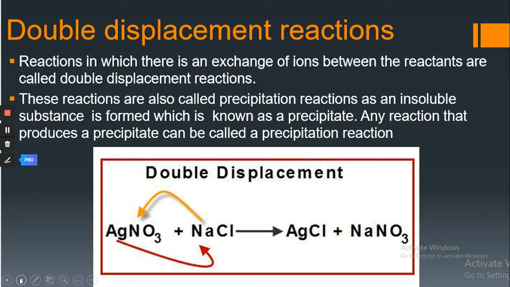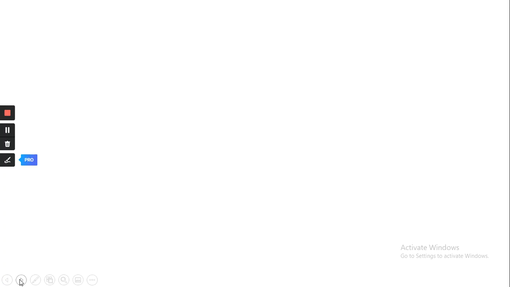Any reaction that produces a precipitate can be called a precipitation reaction. Like in this example, AgNO3 will react with sodium chloride, then AgCl and NaNO3 will form. This is an example of a precipitation reaction.